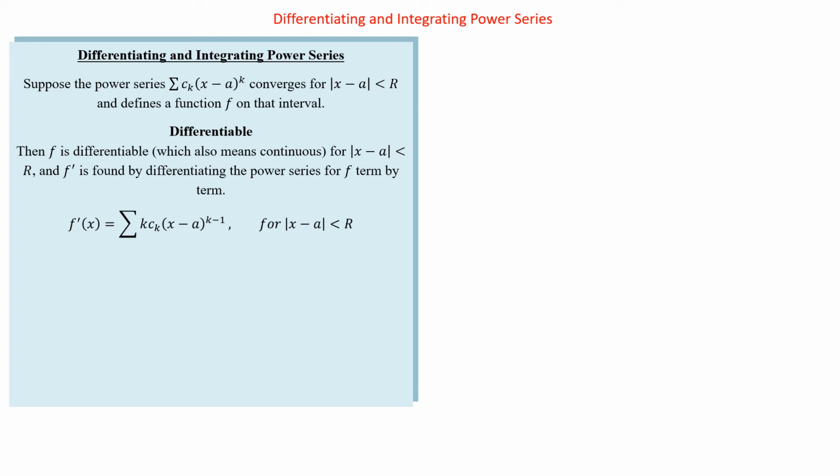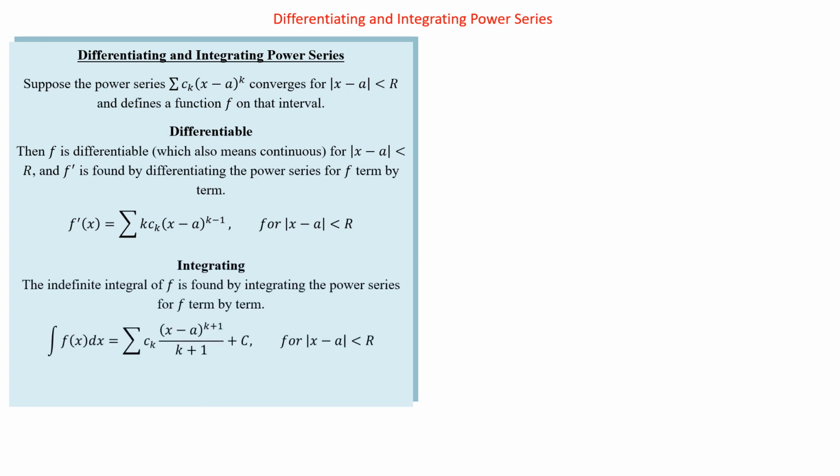Differentiation: it's differentiable, which also means continuous, on the interval, and the derivative is just found by taking it term by term. We multiply the k in front, subtract 1 from the exponent: k times the constant times (x minus a)^(k minus 1). The equation is exactly what we would do term by term.